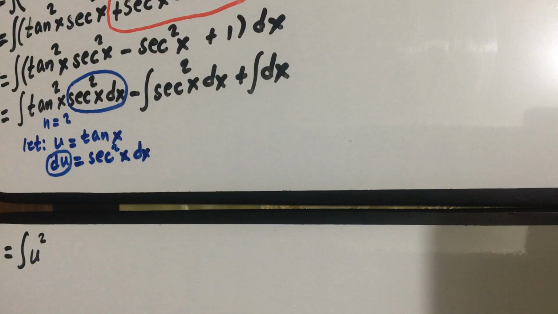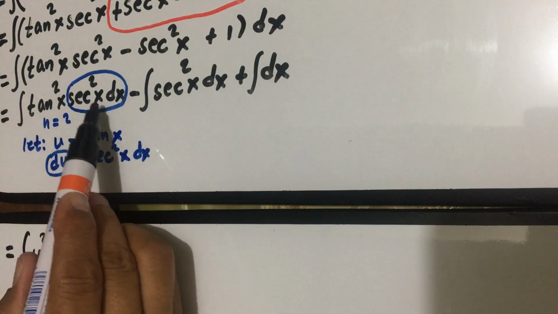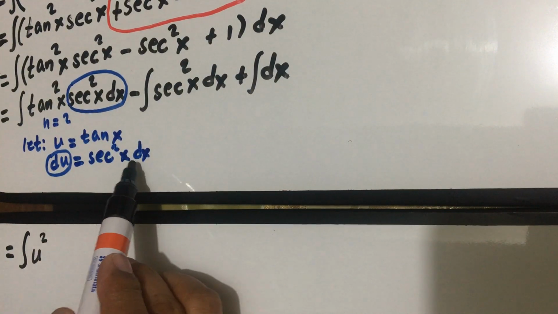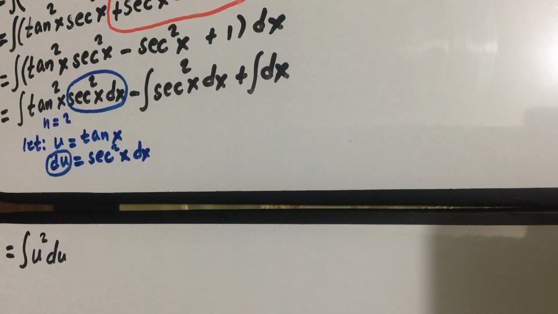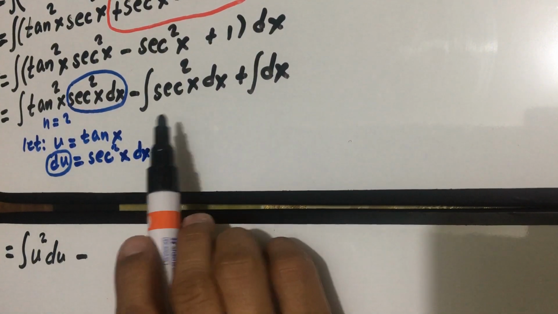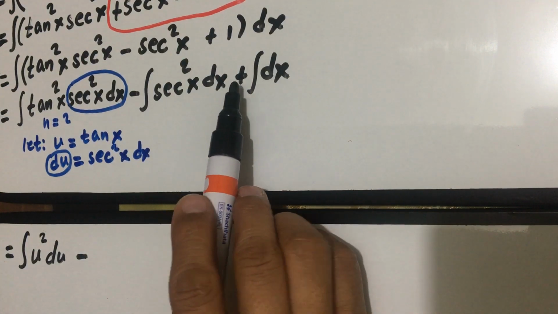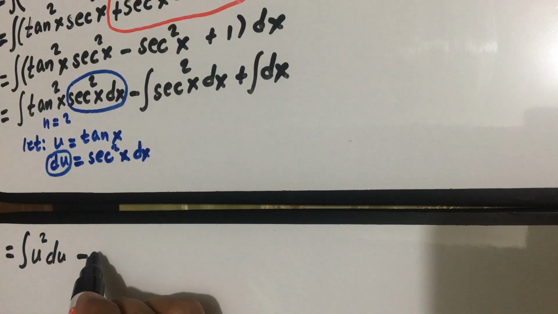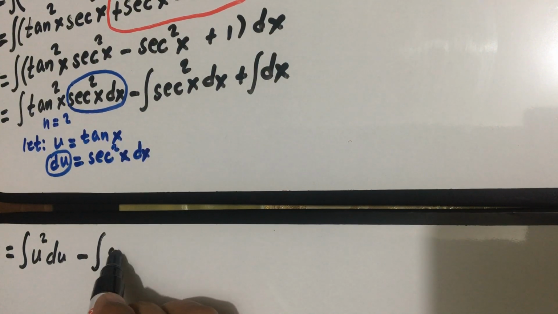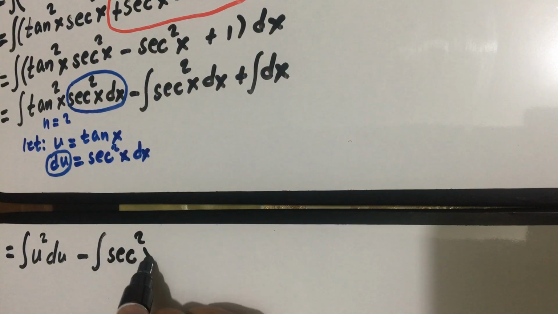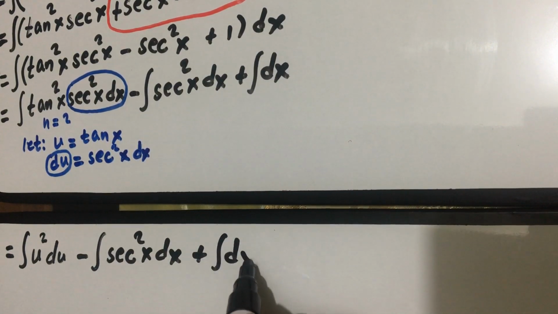So this will be times du. Then minus, I'll just rewrite it, class. Integral of secant squared x dx and plus the integral of dx.